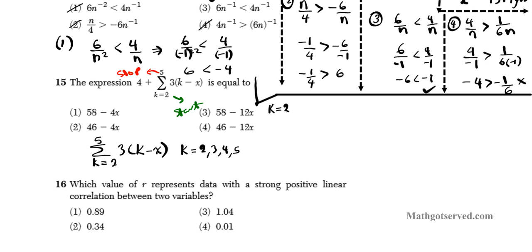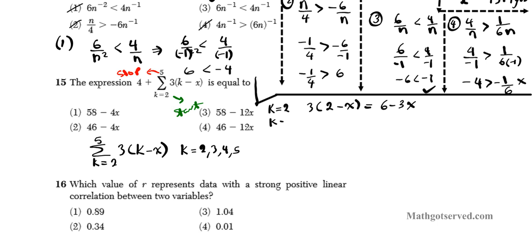All right, so for k equals 2, we have 3 times 2 minus x. Remember, the 2 goes in the k position, not the x. You have to be careful here, okay? So if you simplify this by distributing the 3 to the 2 and a negative x, you have 6 minus 3x. And there goes the first term generated by this discrete sum.